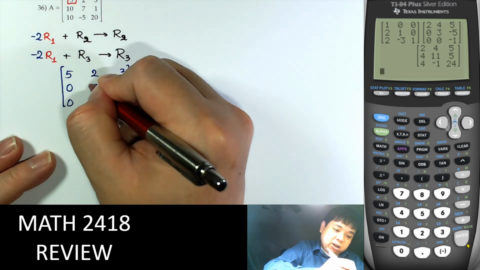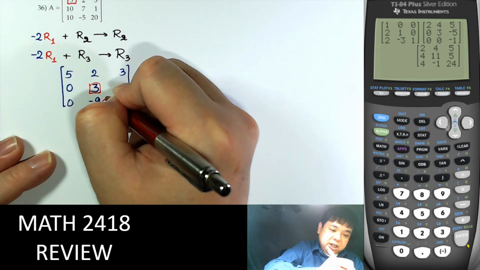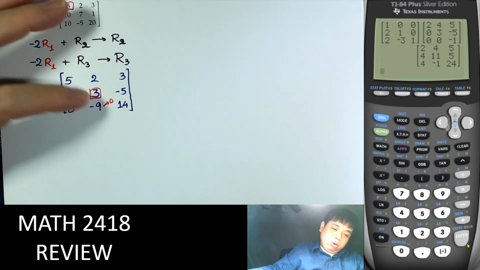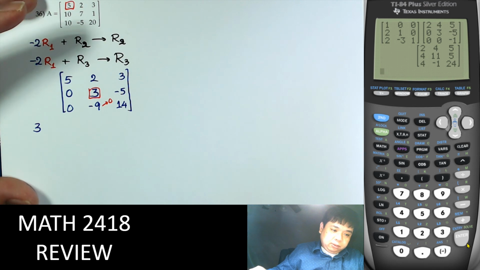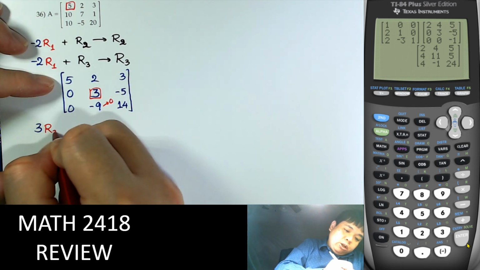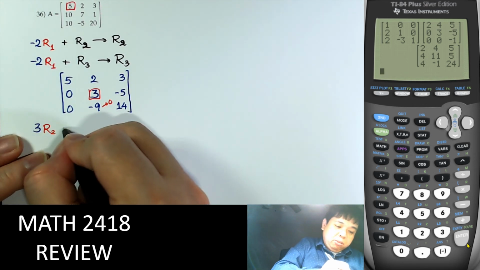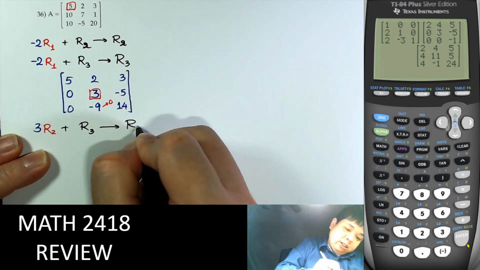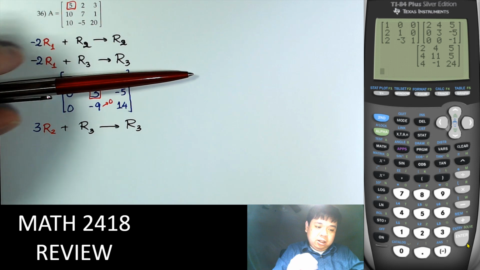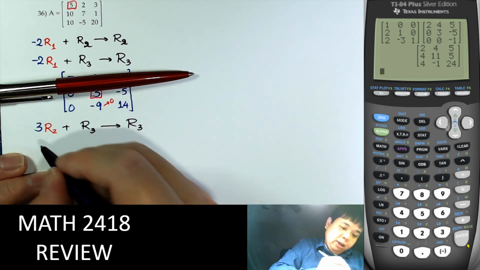Now on the second column, this is the pivot. We just need this to turn to 0. So we're going to use a positive 3 times row 2. Add and replace to row 3, sorry. Right.